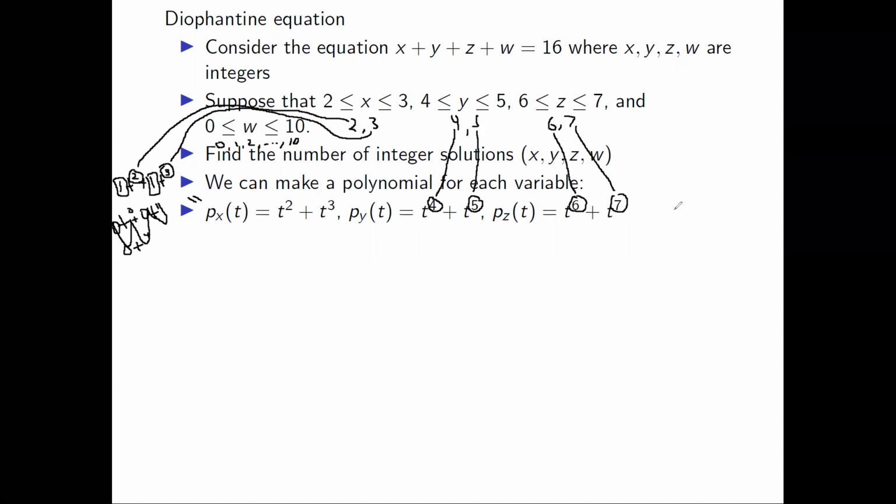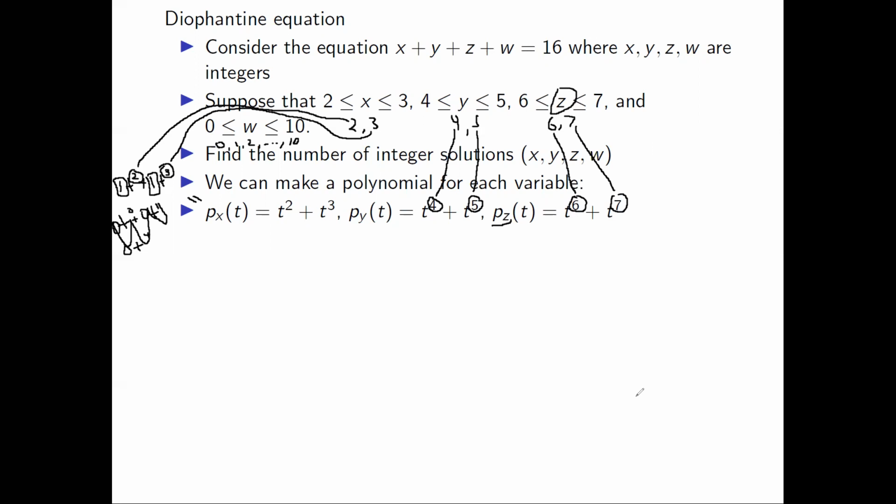So the coefficient of t to the 6th is 1, the coefficient of t to the 7th is 1, and the coefficient of any other power of t is 0, because z can't be anything besides 6 or 7. So in our p sub z polynomial, the only non-zero coefficients are for t to the 6th and t to the 7th.